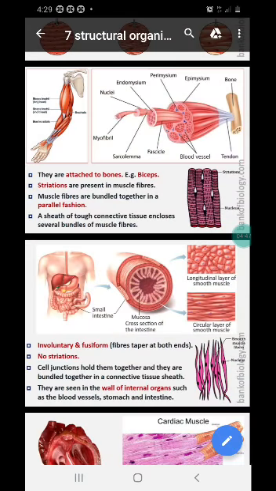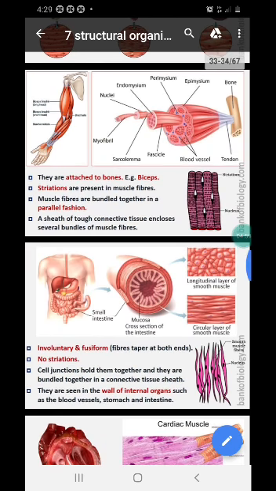Okay, we'll see the first type of muscle, which is the striated muscle. What is the shape and size of these striated muscles? It is long and cylindrical.